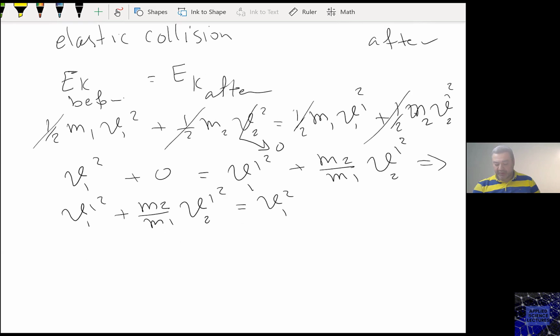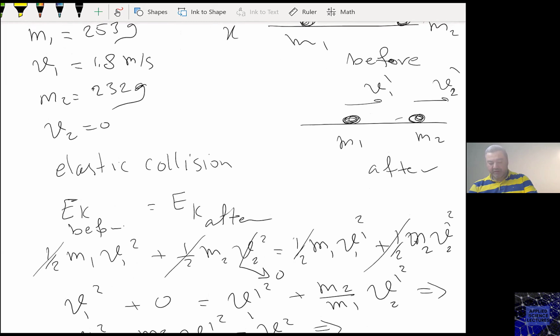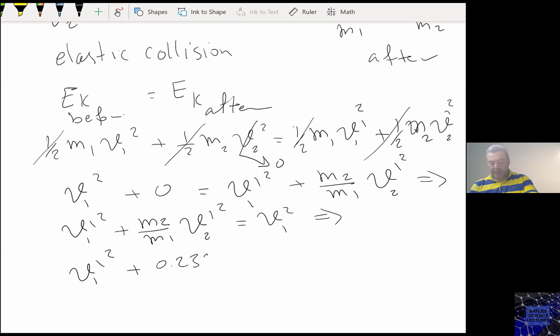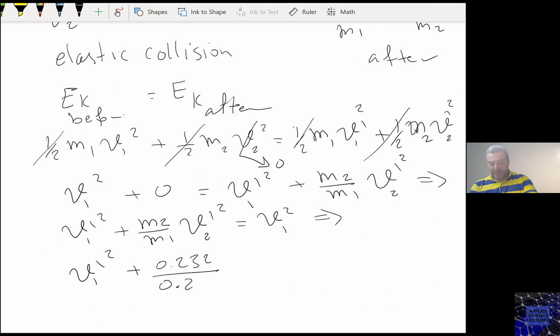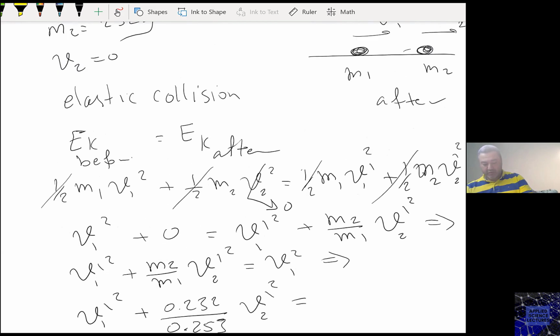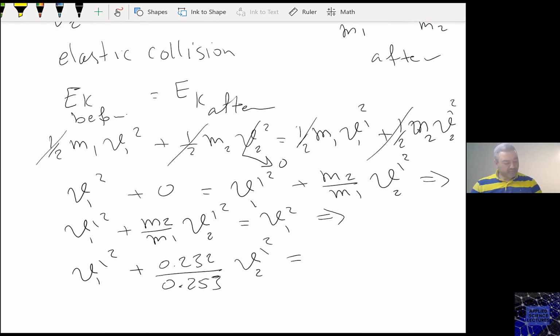Now substituting, I have V1 prime squared plus M2 over M1, which is 0.222 divided by 0.253, times V2 prime squared, equals 1.8 squared, which is 3.25.